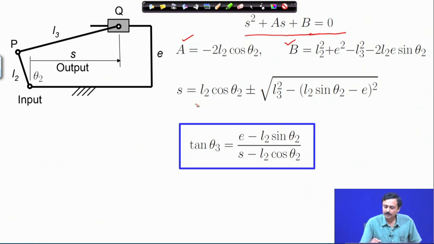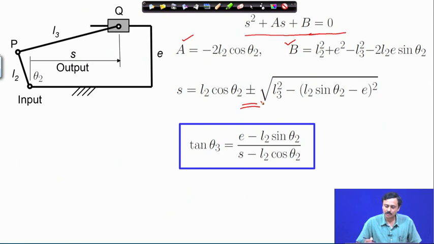Now, you know the roots of a quadratic equation. So, these are the two roots. So, you have two solutions corresponding to this plus or minus, and once I have these two solutions, I will get two solutions for theta 3.